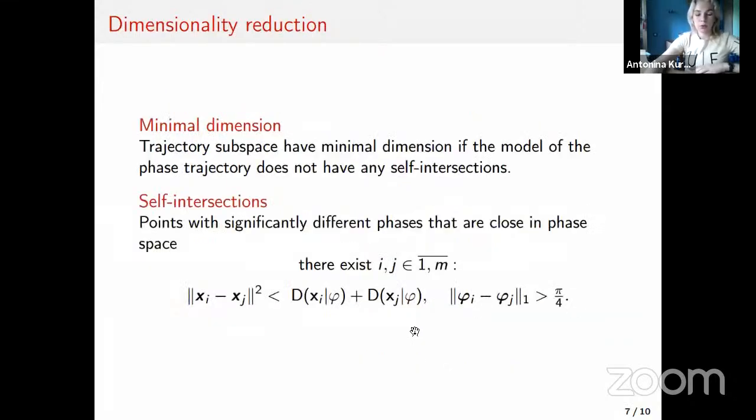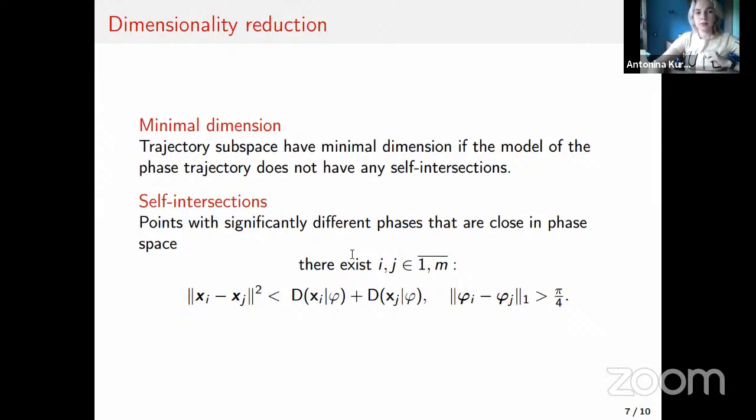Now I'd like to tell some words about dimensionality reduction in the experiment. We call the subspace where the phase trajectory does not have any self-intersections the minimal dimensional trajectory space. So what do self-intersections mean? Points which have significantly different phases, or which are far removed in time, but their trust areas intersect.